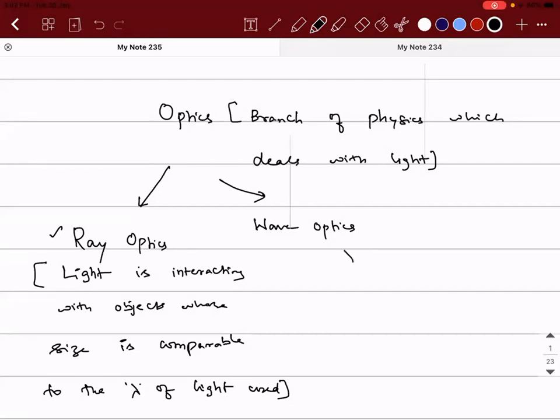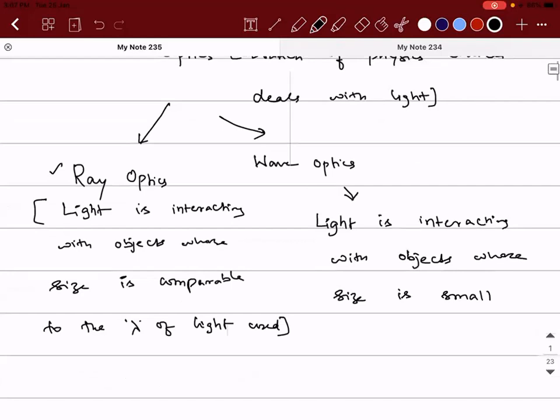Similarly, when you talk about wave optics, it is where light is interacting with objects whose size is small compared to the wavelength of light used.